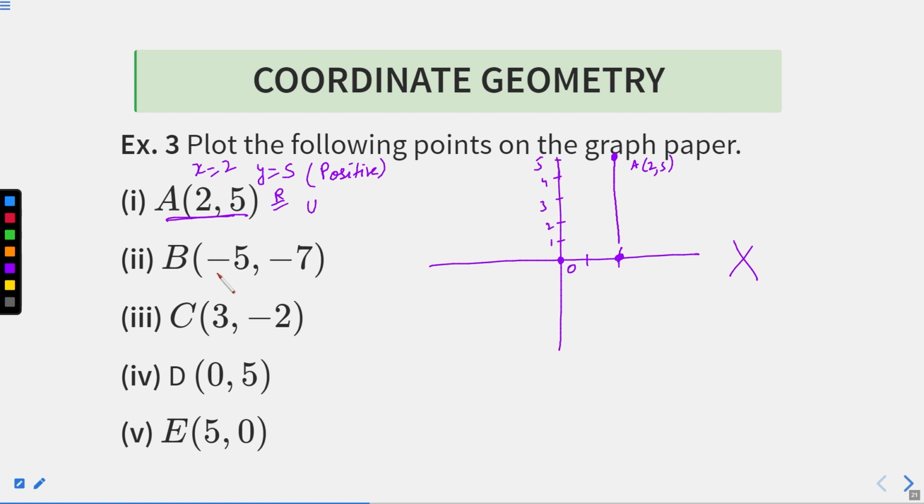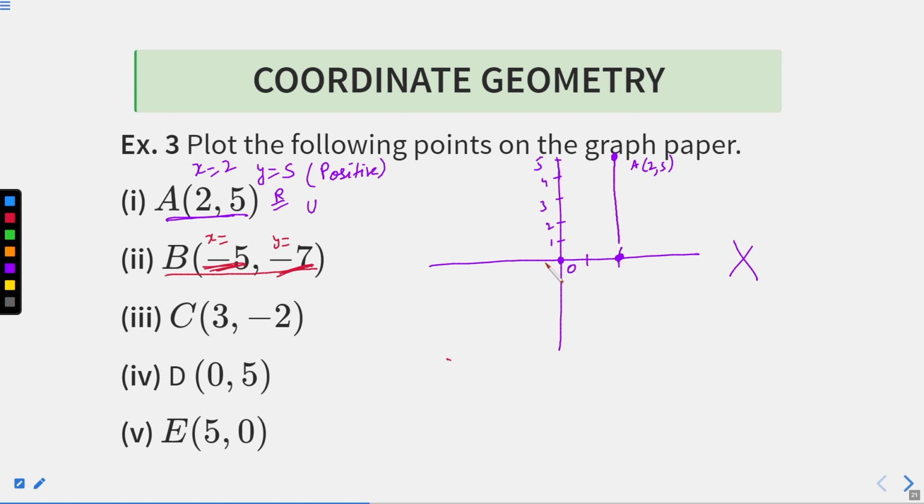Clear? Now see the point B. So x is negative, -5, and y is equal to -7. So y is also negative. So first one can see that it is in the third quadrant. So the third quadrant is here. First x goes 5 units; -5 meaning the left side.